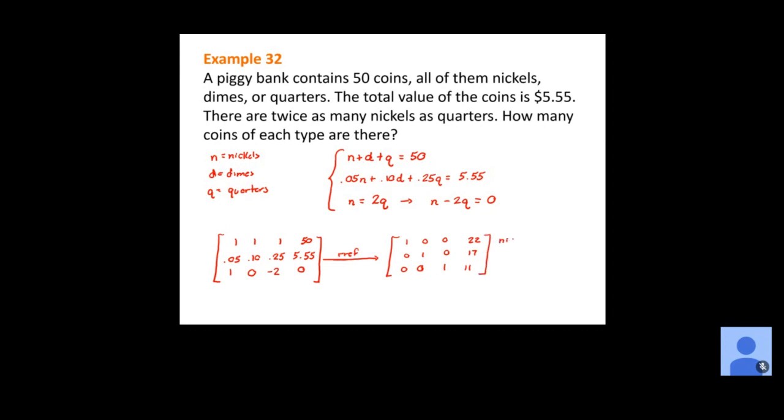And so what that tells us is we have 22 nickels, we have 17 dimes, and we have 11 quarters. Okay, so that's kind of what I'd be looking for on that one. So if it's a word problem, set up your equations, right? Define your variables, and then if you want to use matrices, you can. If you wanted to do substitution and do it algebraically, you could also do it that way, but feel free to use matrices on a problem like that if you want to.